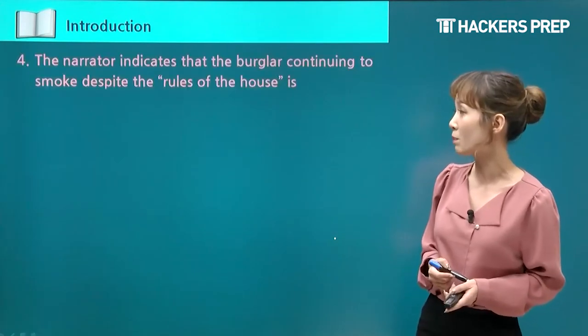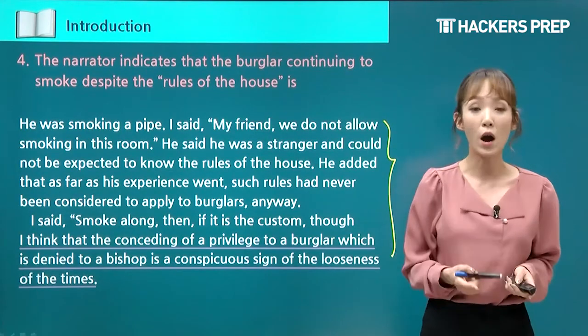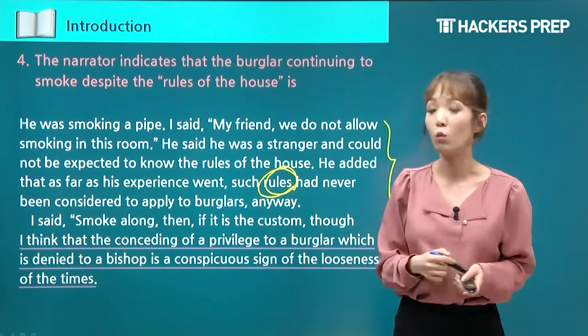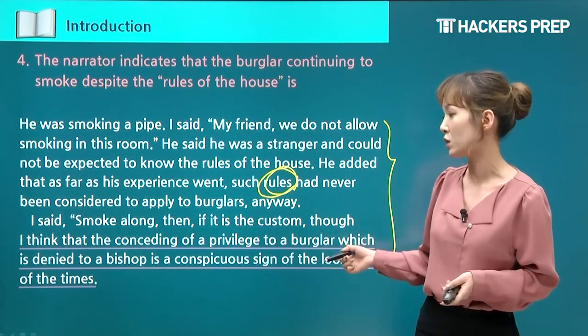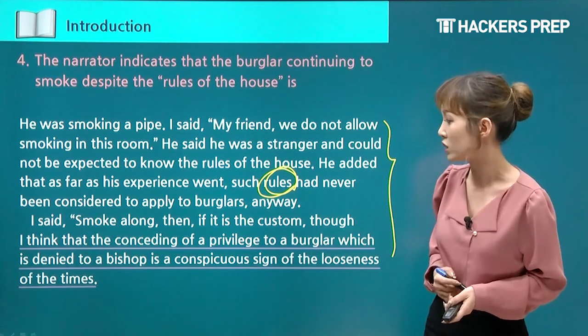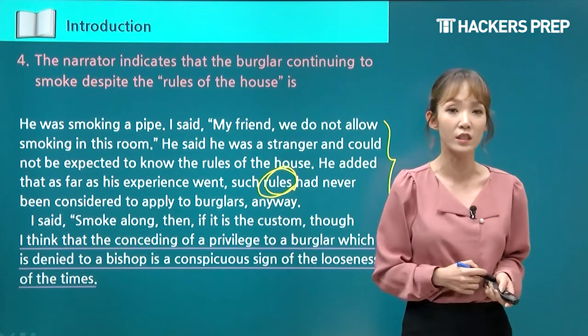We go back to the passage here, and we start reading from this paragraph. Why? Because we see the word smoking as well as rules. Once you start reading here, you see this part: I think that the conceding of a privilege to a burglar, which is denied to a bishop, is a conspicuous sign of the looseness of the times.